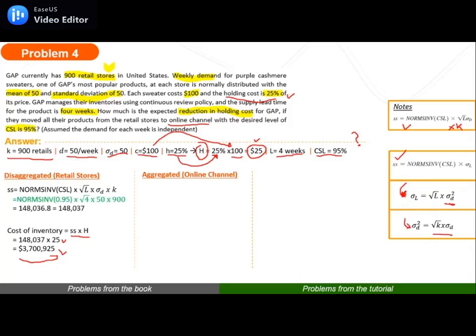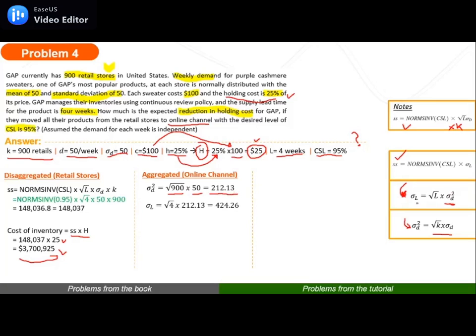The formula is here, root of k times standard deviation of demand. Okay, first we compute the standard deviation of demand squared by 2, that is root of k, that is 900, times the standard deviation of demand, that is 50, and we get 212.13.